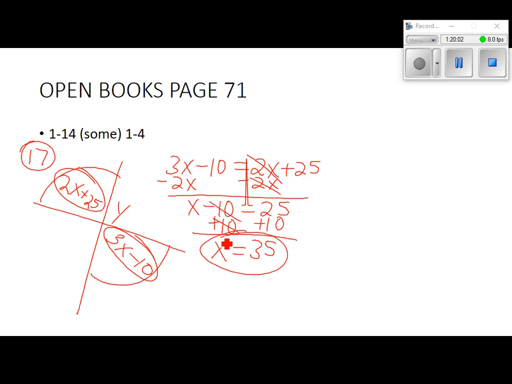The other part they wanted was to find y. To find y, what we're going to have to do is plug back in here. So 2 times 35 is 70 plus 25, that's 95. So this angle is 95.